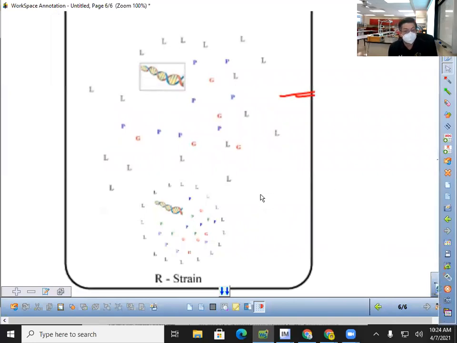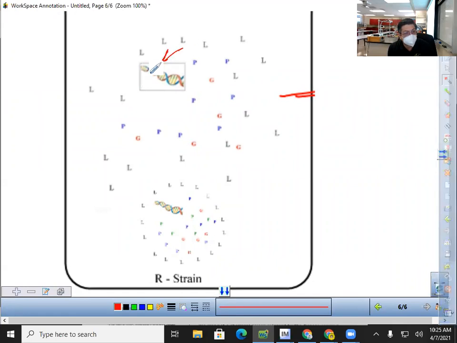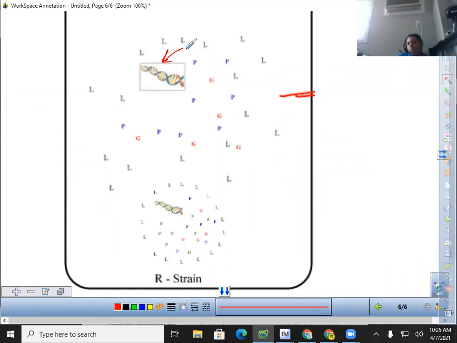What do you think? Whose DNA is this? Whose DNA is that? The harmless or the harmful? Harmful. The harmful, very good.